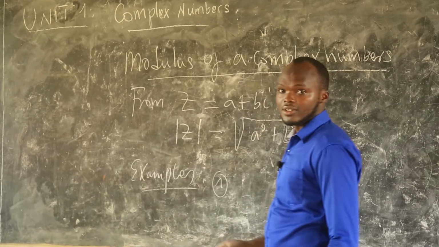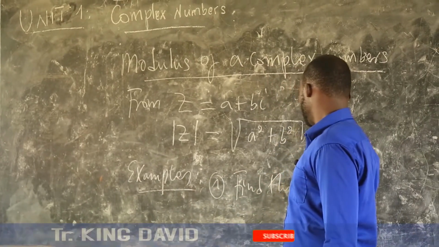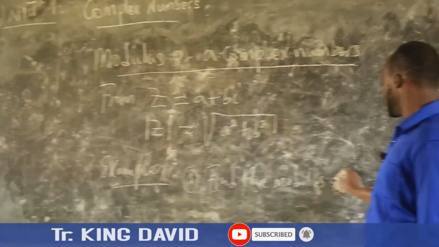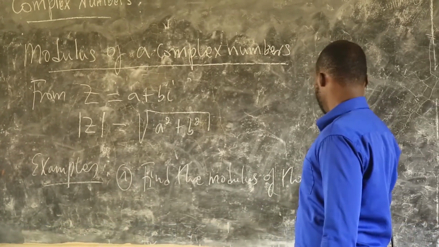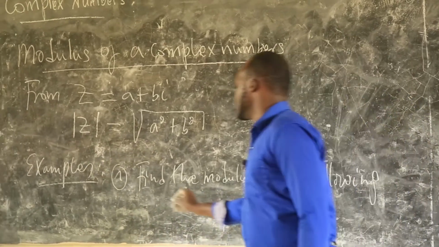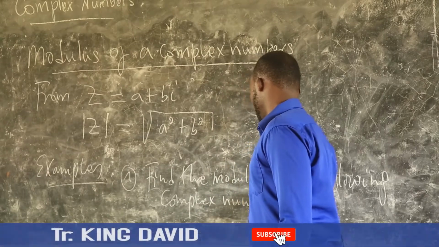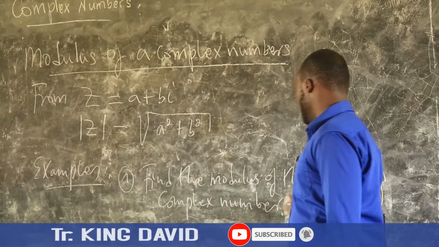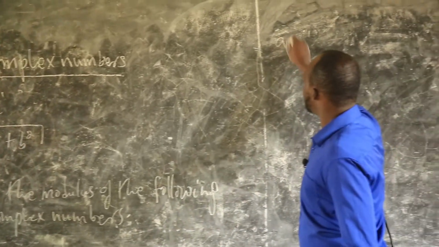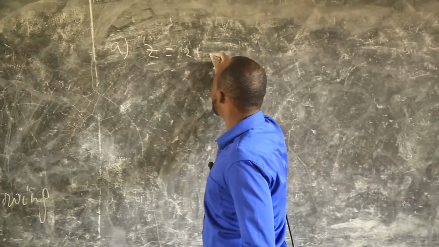Number one, find the modulus of the following complex numbers. A, z equal to 2 plus i.